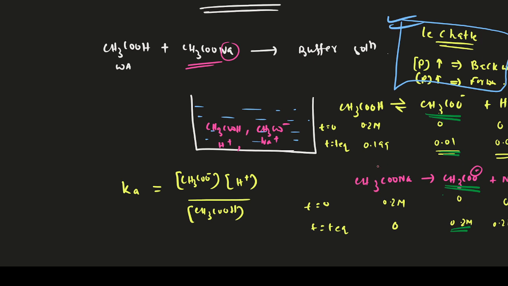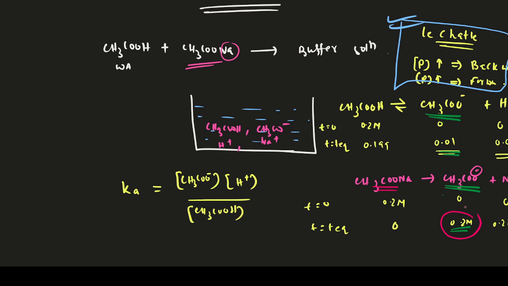Now what happened here: CH3COOH, CH3COO minus. Whenever you add that common negative ion, as you already discussed, CH3COOH dissociates into CH3COO minus and H plus, and in the solution CH3COO minus is present, and since this is a strong electrolyte, it completely dissociates. So this CH3COO minus is at high concentration.